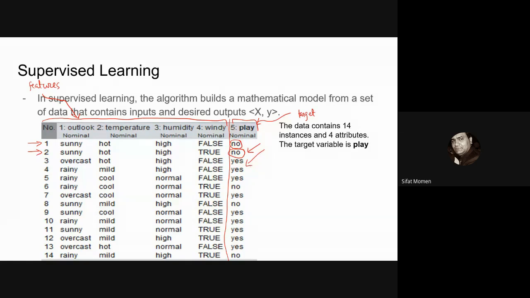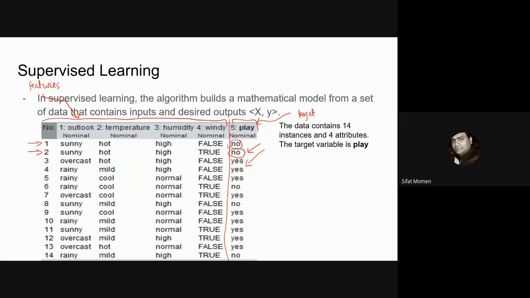That's why we call it supervised learning, as if there is a supervisor who is telling that for each of these feature values, this is the correct value. So we are giving the correct output, and from this the learner is going to learn what the pattern is and stuff like that.